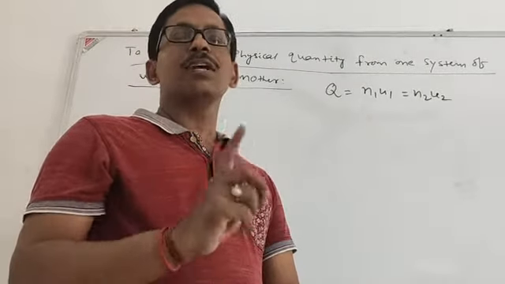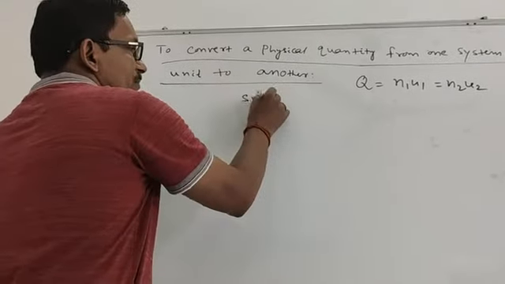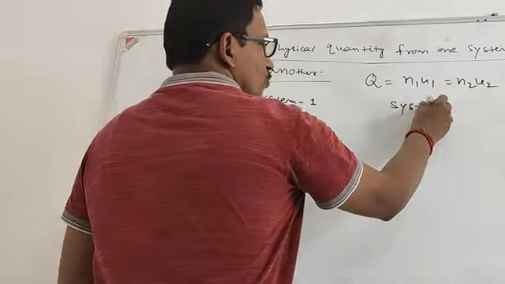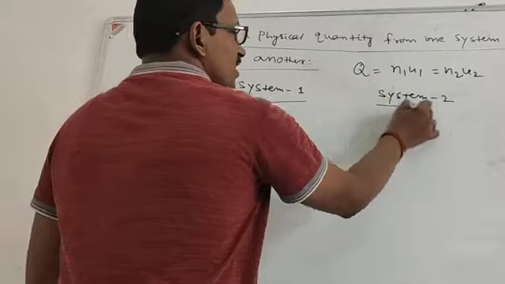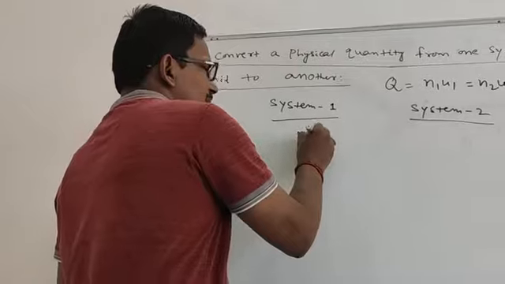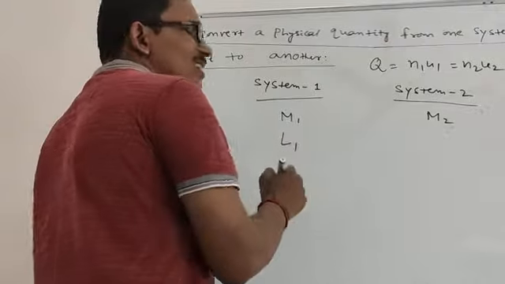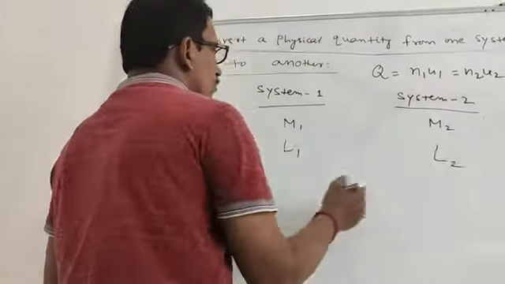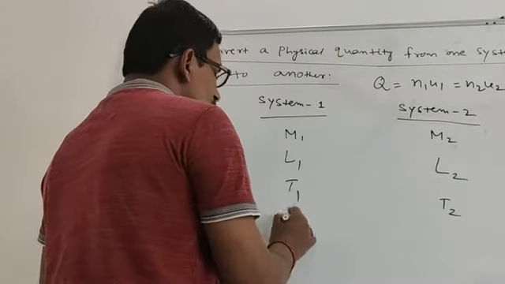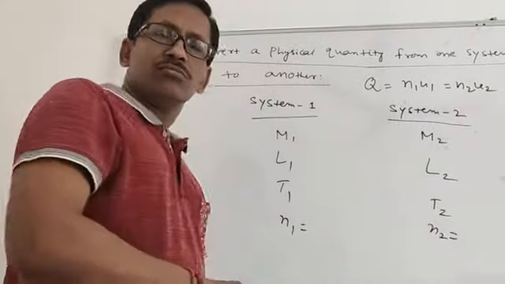Suppose in general I take two systems of units, system 1 and system 2. In system 1, the mass unit is M1, length is L1, time is T1, and the numerical value is N1. In system 2, the mass unit is M2, length is L2, time is T2, and the numerical value is N2.